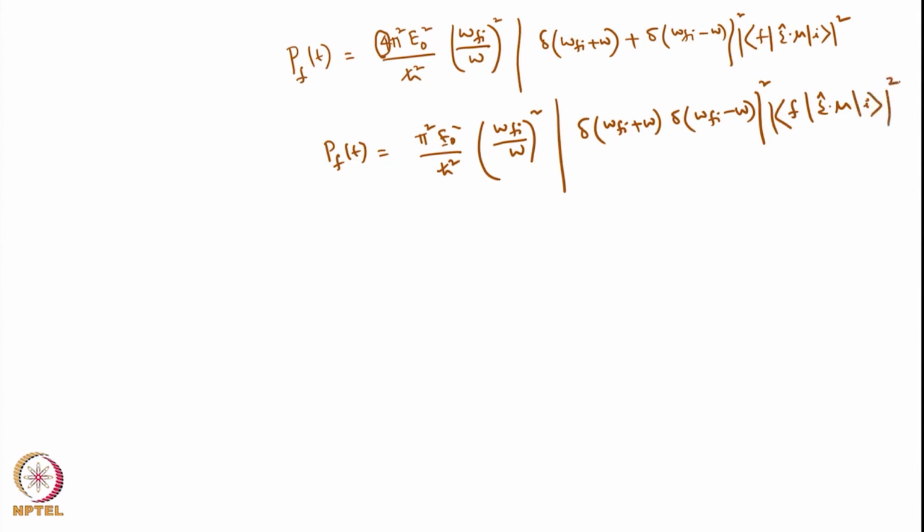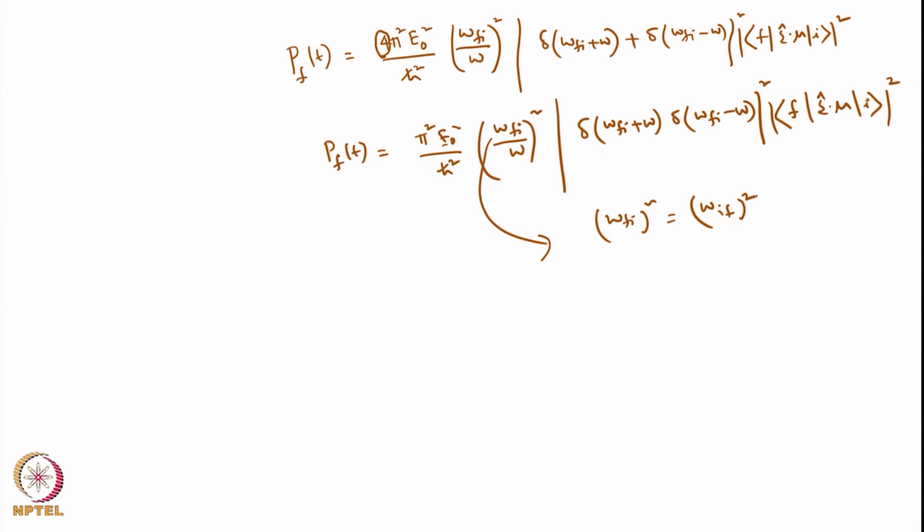Okay. Now there is one more thing, when you are squaring this, omega Fi square of course is equal to omega If square. So the transition, whether it is going from the state F to state I or state I to state F, this will remain the same.